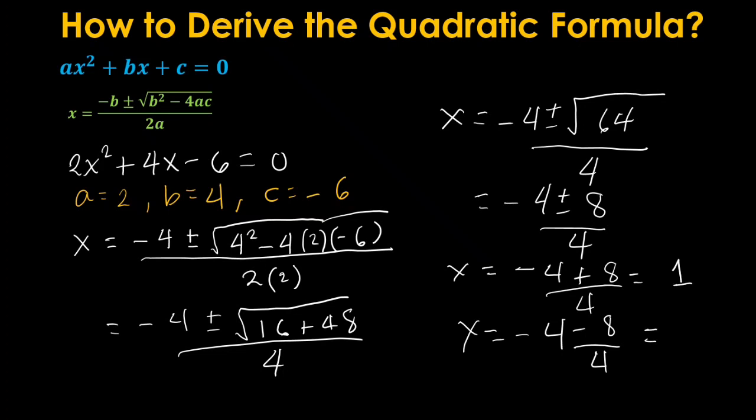Here, we have negative 12 over 4. The answer is negative 3. You can still continue to check if these values of x are really the solutions of this quadratic equation.